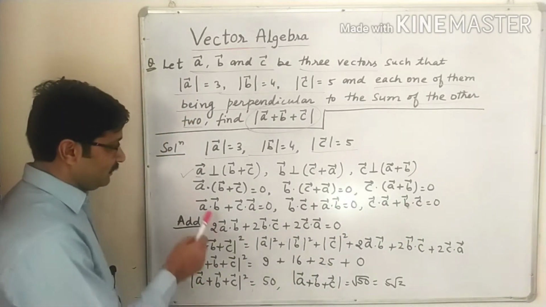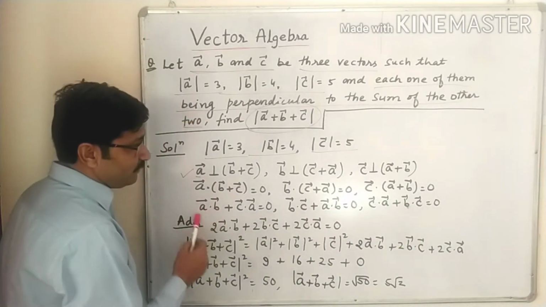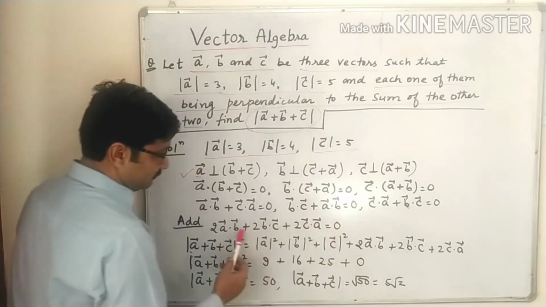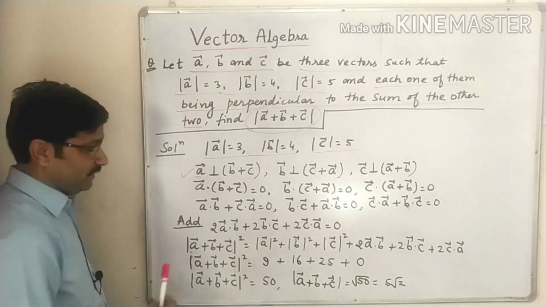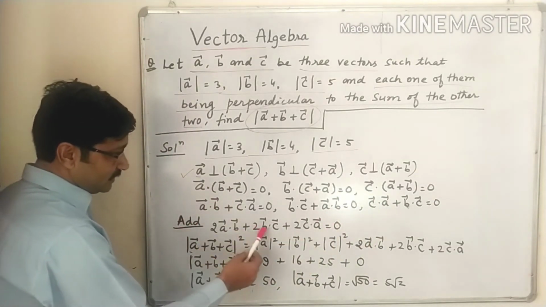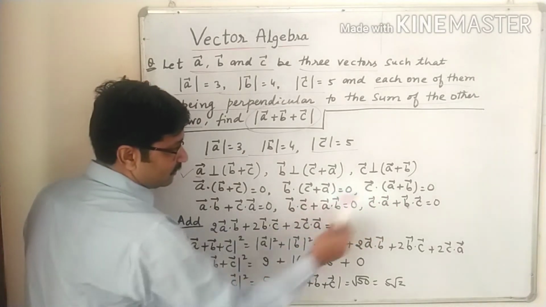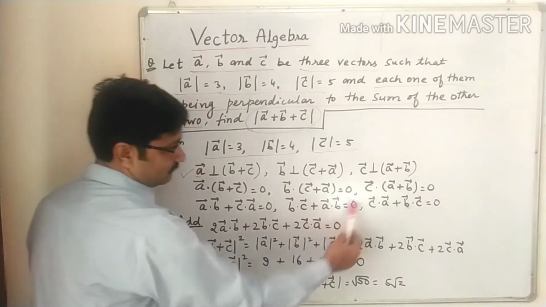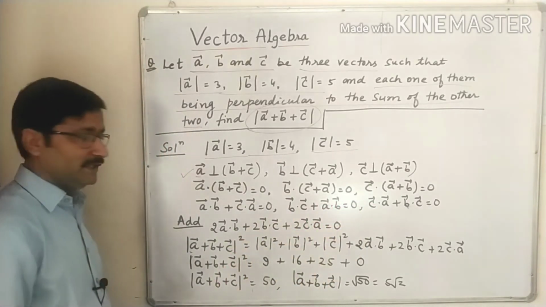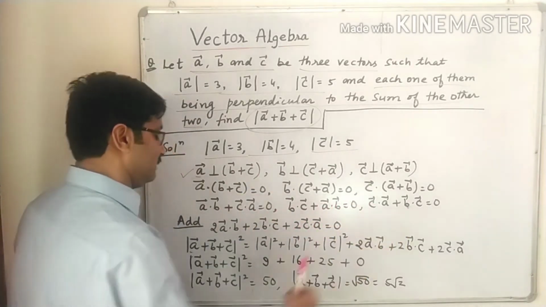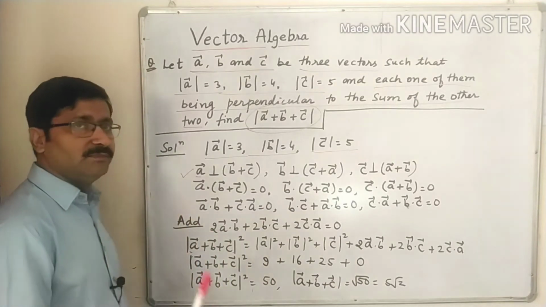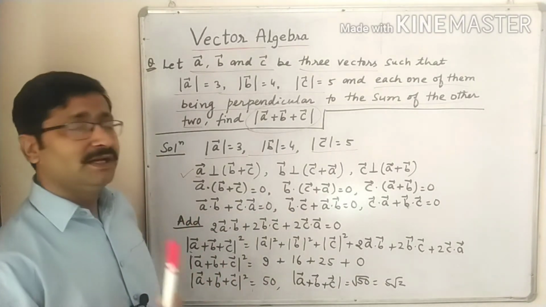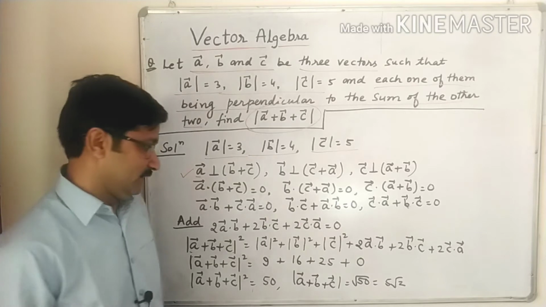When you add, A dot B we have 2 times, so we get 2A dot B, B dot C we have 2 times, so 2B dot C, and C dot A we have 2 times, so 2C dot A.